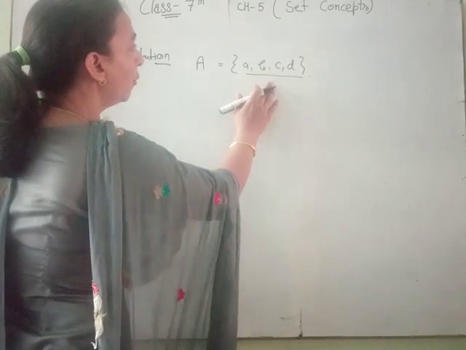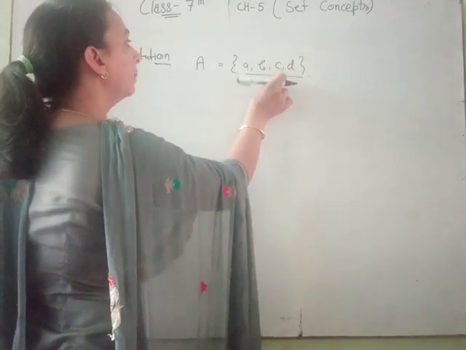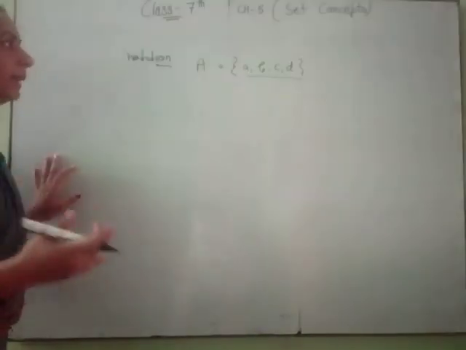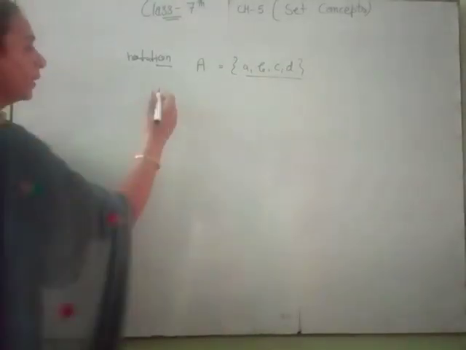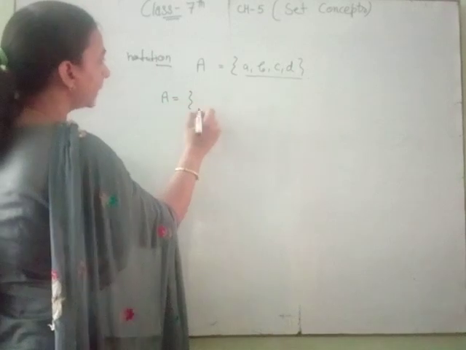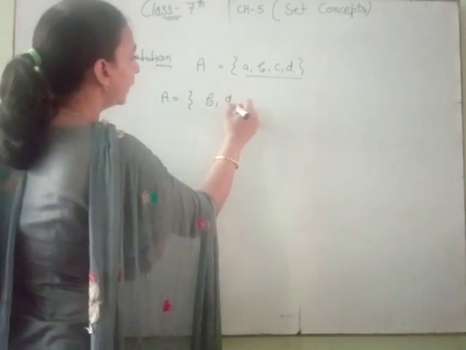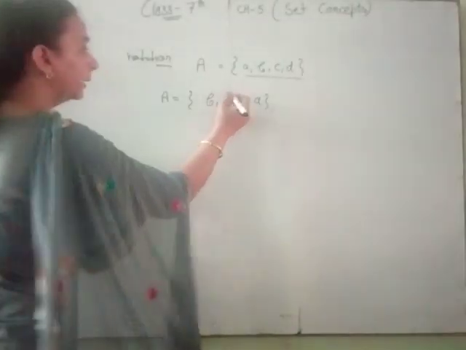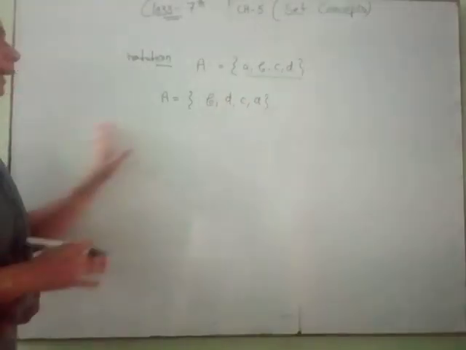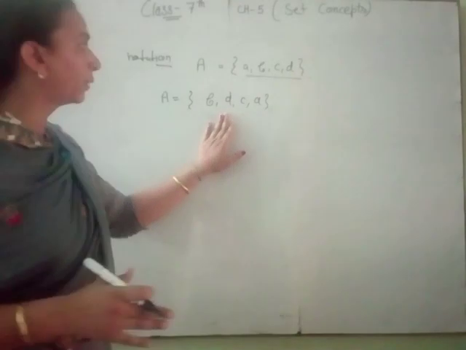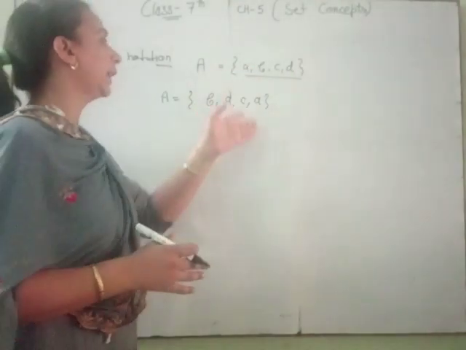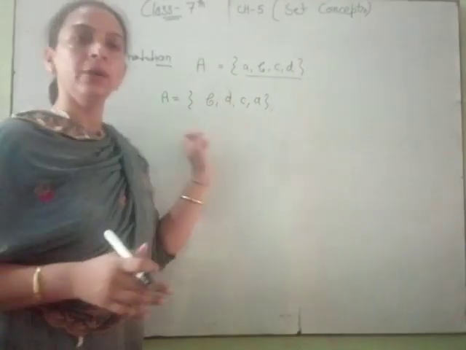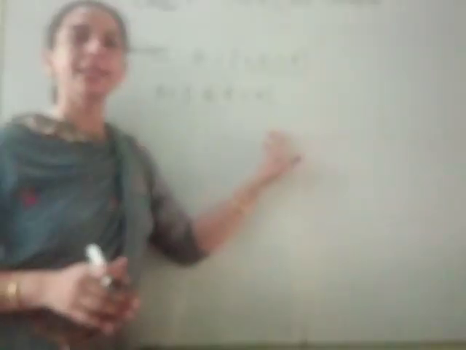The elements, meaning the members, of a set can be written in any order. For example, if we write set B as {B, C, A}, there is no problem. We can write B, D, C, A or C, D, B, A; these are all the same. And repetition in a set is not allowed.